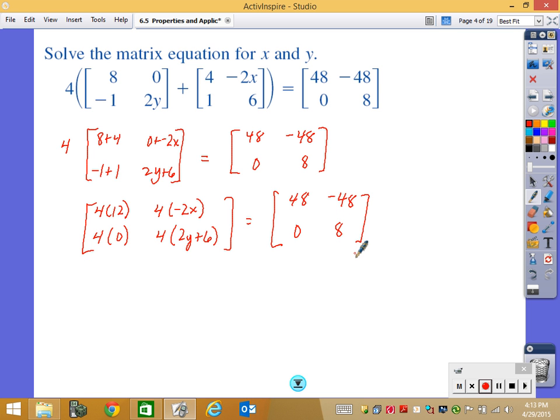So if I check this out, 48 equals 48. -8x equals -48. Divided by -8, that means x is a positive 6.